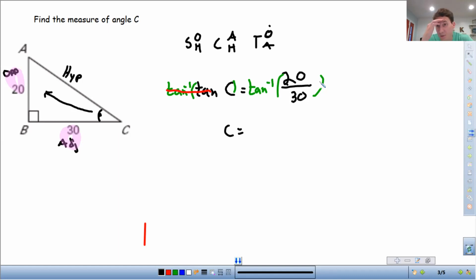Depending on your calculator, you might be able to enter it exactly as written. I'm using an iPhone calculator, so I have to do 20 divided by 30 first, and then use my inverse tangent function. That comes out to 33.69.